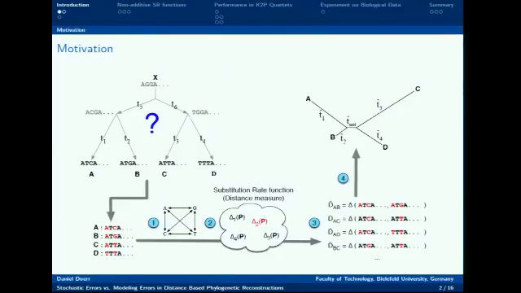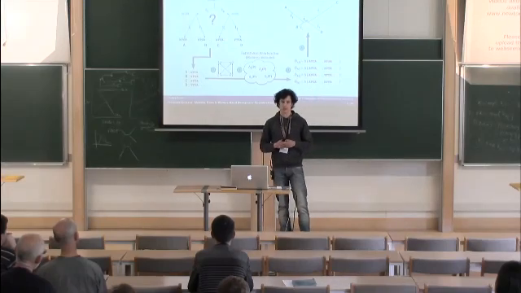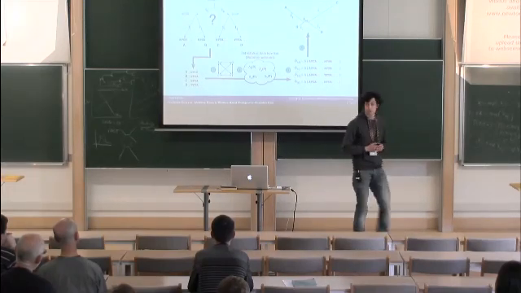And then we choose a distance measure according to our chosen substitution model, and then we calculate all pairwise distance estimates using our distance measure and feed this into a tree reconstruction algorithm such as neighbor joining or whatever your choice might be, and we will eventually get a tree. And we hope that this tree will be an unrooted representative of the model tree along which the sequences evolved.